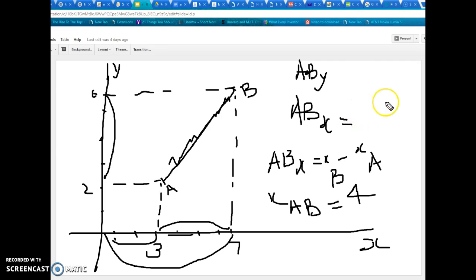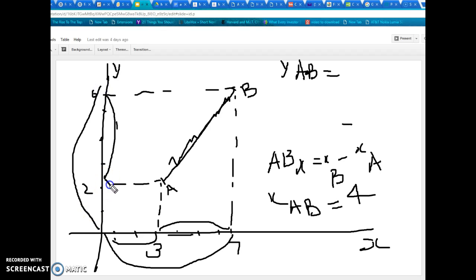The same thing to find out the y value for AB. So I need this one. To find this one, it's gonna be this one, which is 6, minus this one, which is 2. Okay, so 6 minus 2, right? So y for AB equals 4.